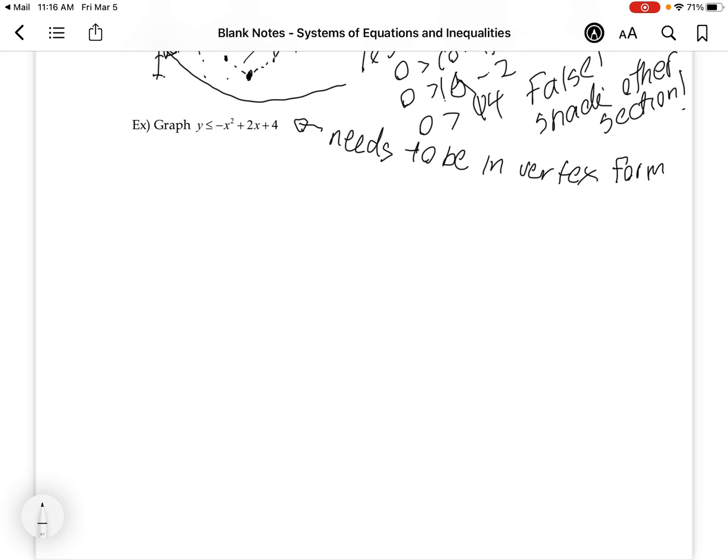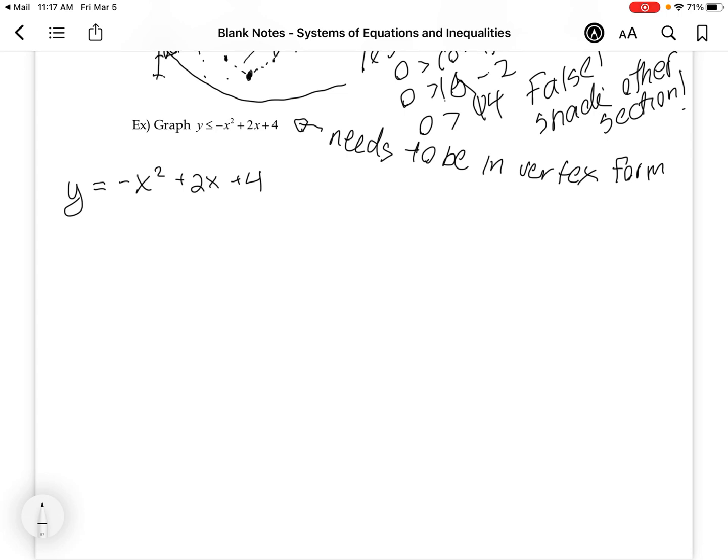Okay. Now I'm just going to start with the corresponding function, and then we'll worry about the inequality after we sort of take test points, etc. So I'm going to start with this: y equals negative x squared plus 2x plus 4. And the first thing I need to do is factor out the a value from the first two terms.